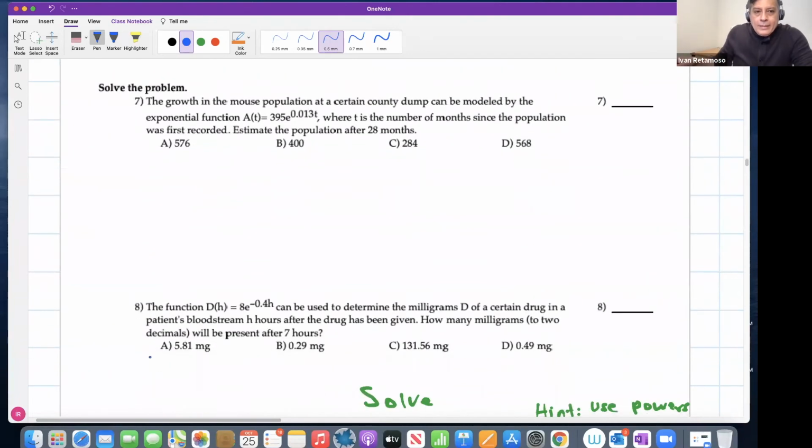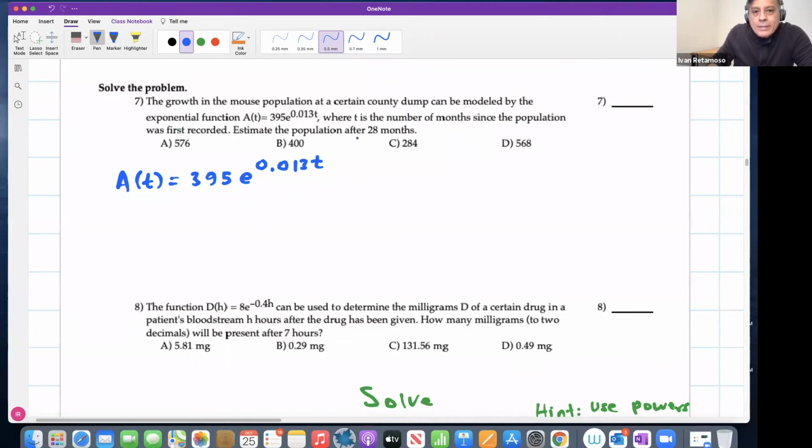For example, in number 7, it says the growth in the mouse population at a certain county dam can be modeled by the exponential function A of t equals 395 e raised to 0.013 t, where t is the number of months since the population was first recorded.